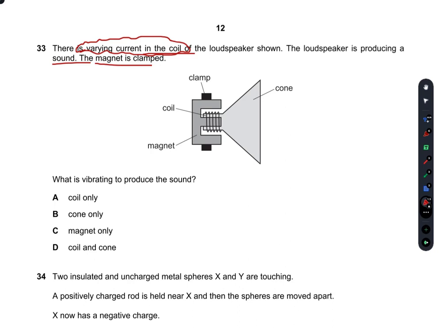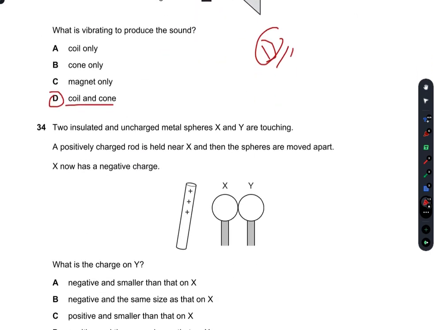So this coil would vibrate definitely, and this coil is attached to the cone. So once the coil starts vibrating, the cone will also do. So coil and cone both would start vibrating to produce the sound, which means D is the right answer.